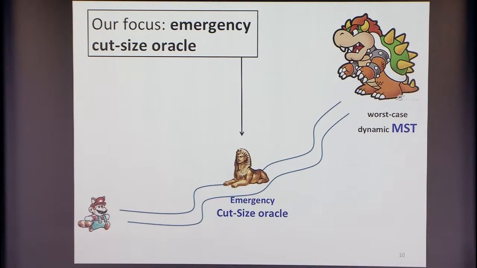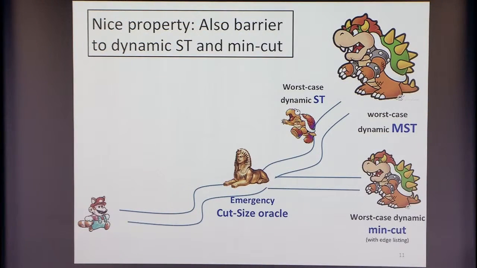And don't be surprised if you don't know about it, because it's recent, it's quite new. The nice thing about this oracle is that it's a barrier to quite a few other things. One of them is worst case dynamic spanning tree, which is a barrier to the MST itself. The other problem is the minimum cut problem, the worst case dynamic minimum cut. So that's why I kind of like this barrier.